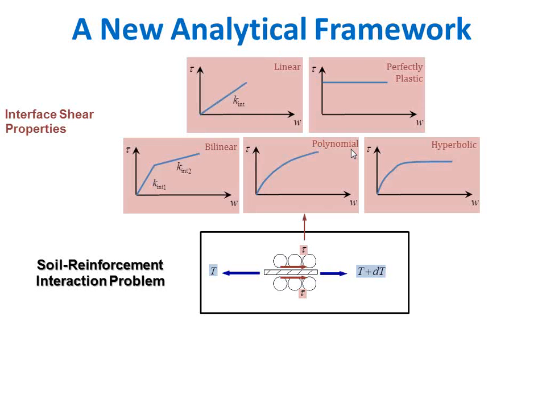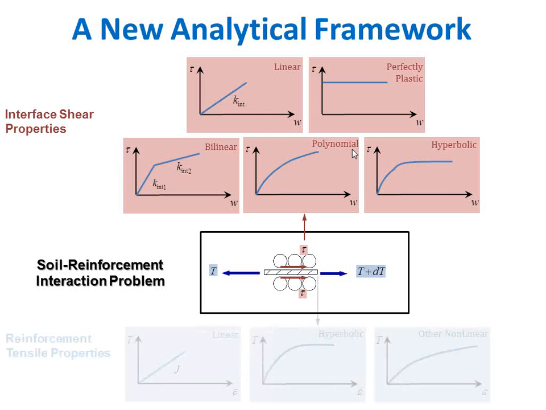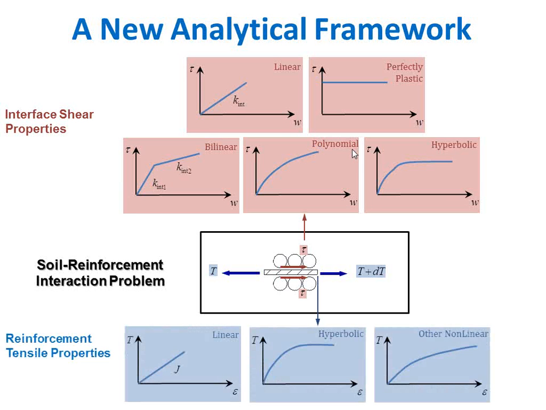There have been many models that can characterize this interface: linear, perfectly plastic, and this is a series. We can add some complexity on how to characterize this interface. In addition, this is a composite, so it has a tensile element. We also need to characterize the tensile properties of that reinforcement.